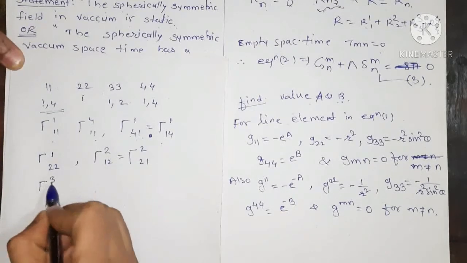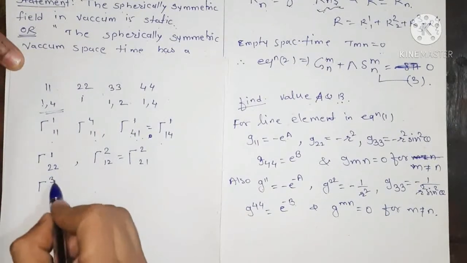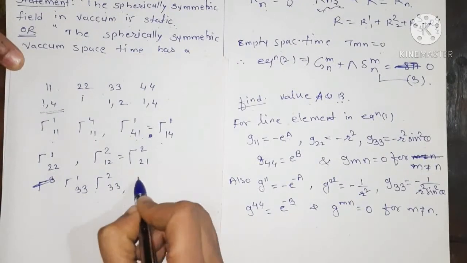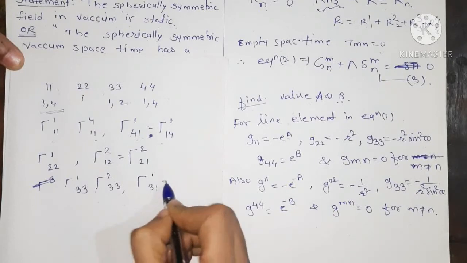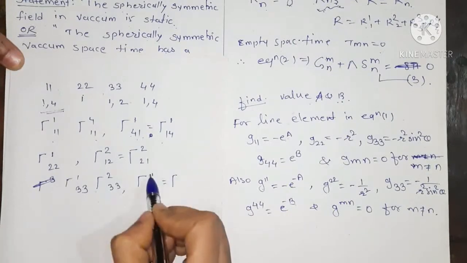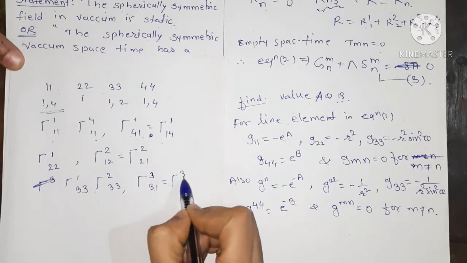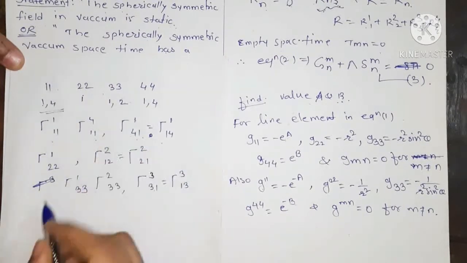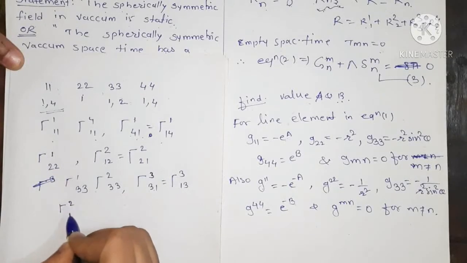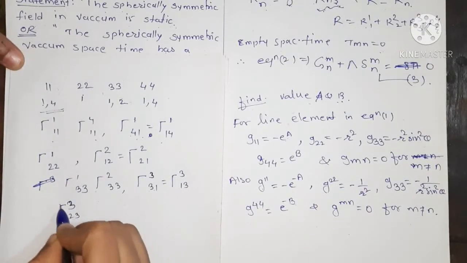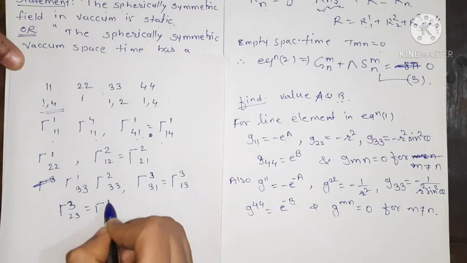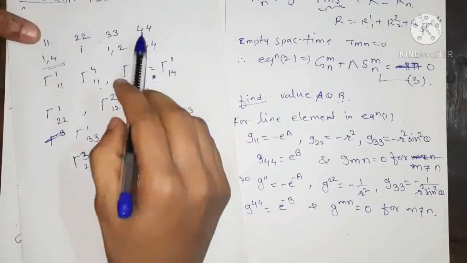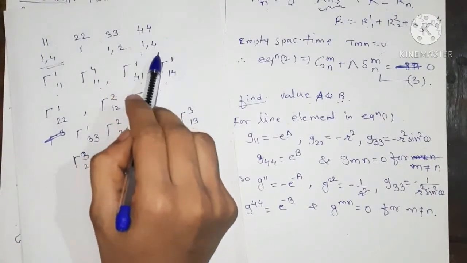Now from this we can write gamma of 1 3 3, gamma of 2 3 3, gamma of 1 3 1, which is equal to gamma of 3 3 1 and gamma of 3 1 3. And also using 2 we have gamma of 2 3 2, which is equal to gamma of 3 3 2. Okay, so we also have that 4 4 depends on 1 and 4 both.